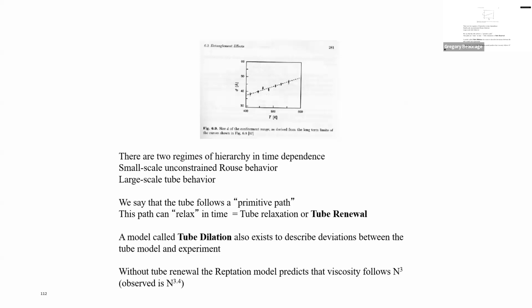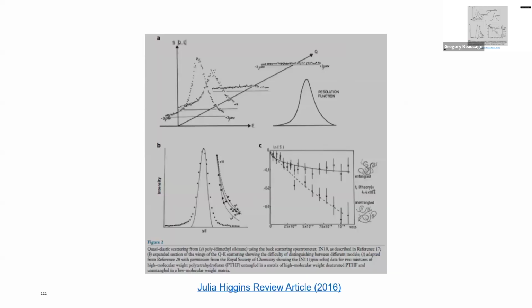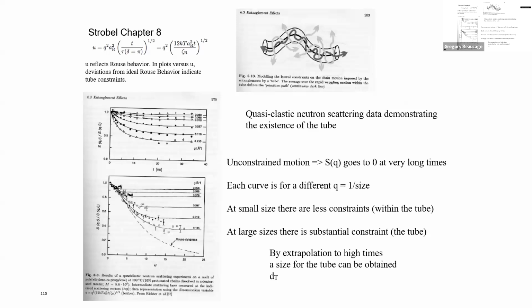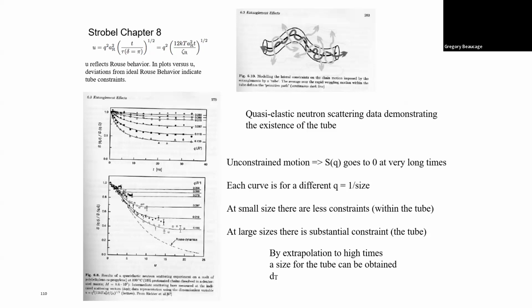And the tube diameter is the thing you can look at. The problem with the tube model is what it can predict. If you plot the log of the viscosity versus log of the molecular weight, you have this power 1 region, that's the Rouse thing.